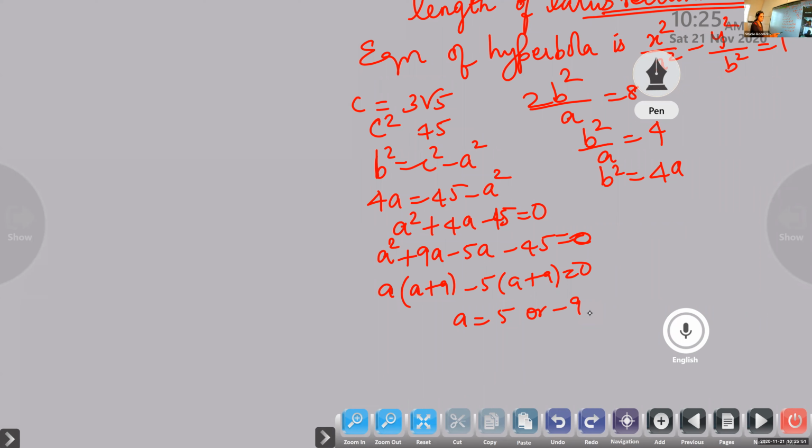But look at this, children. A, will it be 9? A is the length of the axis, isn't it? So it cannot be negative 9.